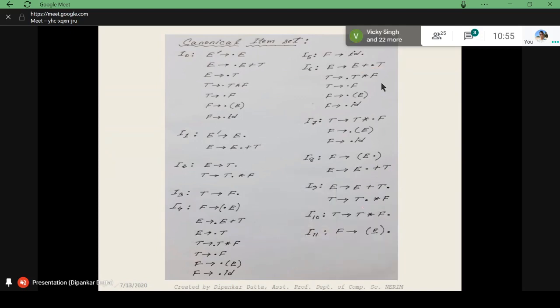So then come to the next one. At the start of this slide, we discussed the three categories of canonical items. One category is dot followed by a terminal. We have already studied that, and it will be known as shift. If dot is followed by a terminal, then it is covered by the action shift.